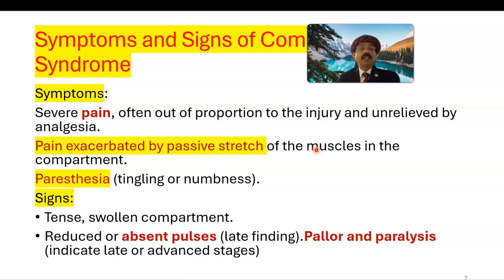Other signs are paresthesia, tingling or numbness, a tense swollen compartment, and reduced or absent pulses. If a person has anterior compartment syndrome of the leg, we may not get the dorsalis pedis artery pulsation. If a person has compartment syndrome in the posterior part of the leg, the posterior tibial pulse may be absent. Pallor and paralysis indicate late or advanced stages.